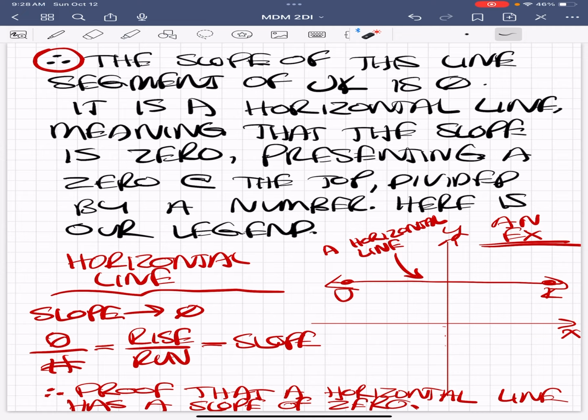And then we have the legend of what we need to remember about horizontal line slopes. So slope is 0. It is 0 divided by a number, which is rise over run, and that's the slope. Proof that a horizontal line has a slope of 0.